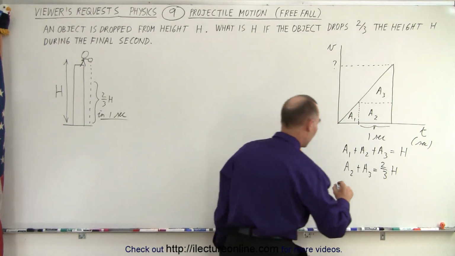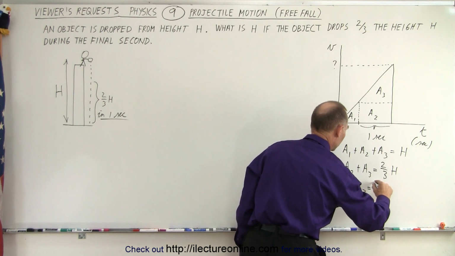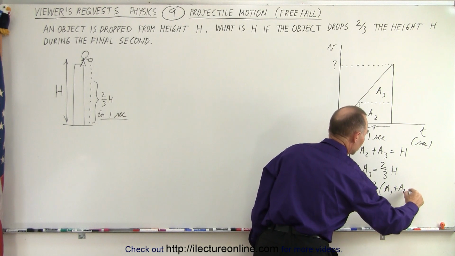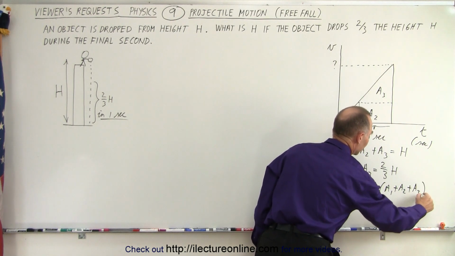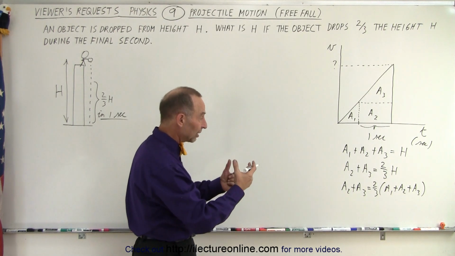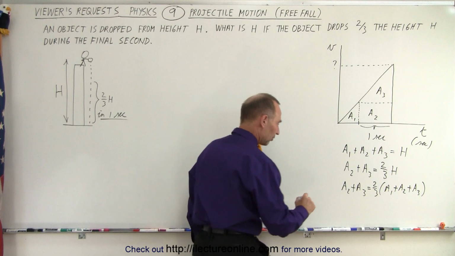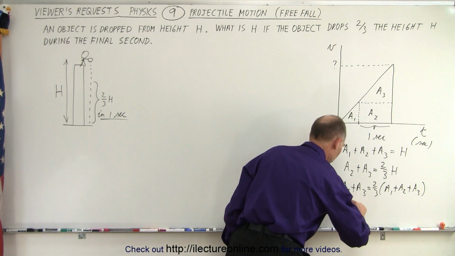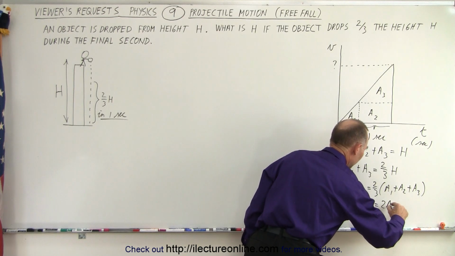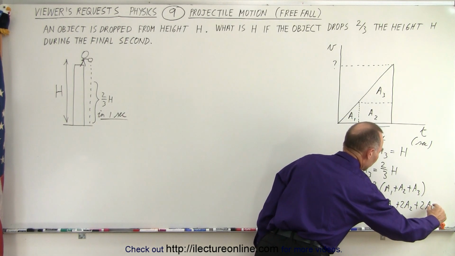So therefore, we can write that A2 plus A3 is 2/3 the sum of those 3 areas, A1 plus A2 plus A3. So you can see that visually, using this type of graph, it's very easy to start with this type of problem. If we now multiply both sides by 3, we'll get 3A2 plus 3A3 is equal to 2A1 plus 2A2 plus 2A3.